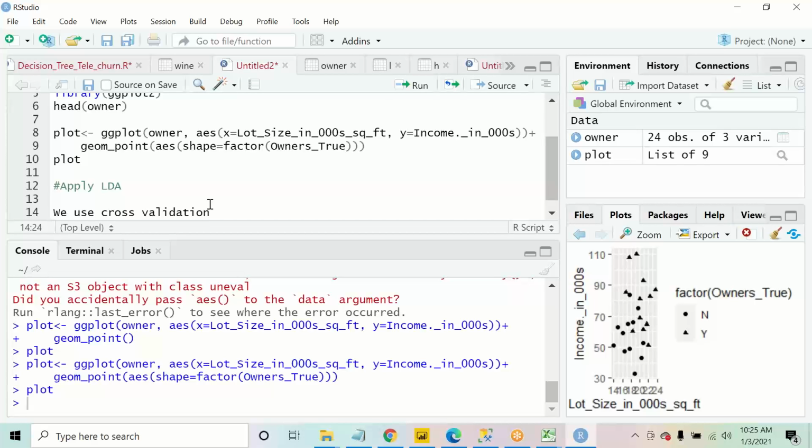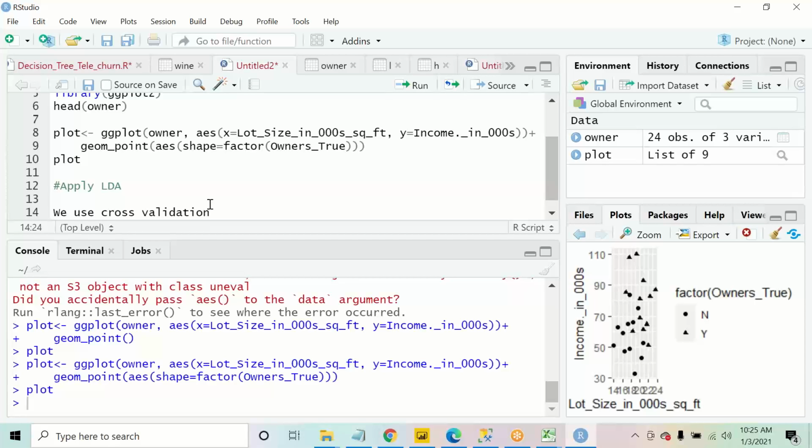See, in the cross-validation technique, suppose your data set has 30 rows. In this technique, to predict the outcome for the first row, the LDA technique will use the rest of the 29 rows, and based on that data, it will predict the outcome of the first row.